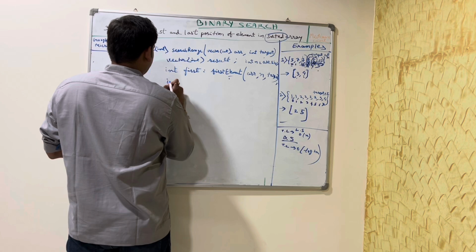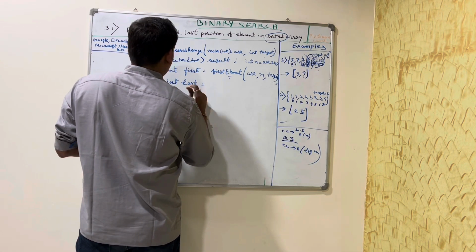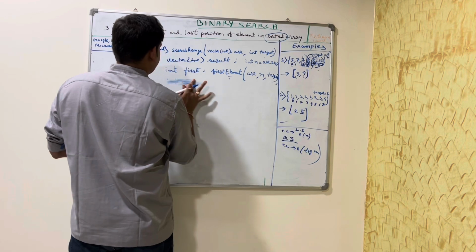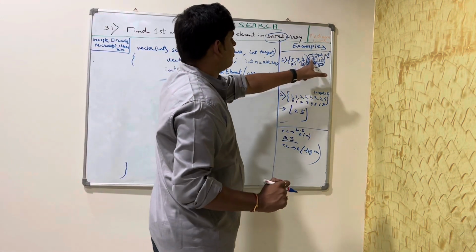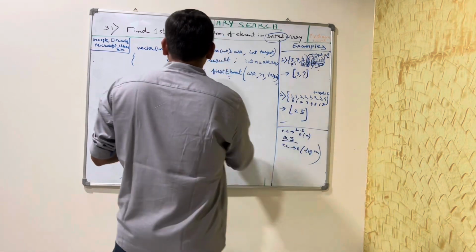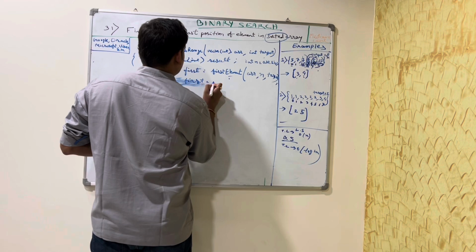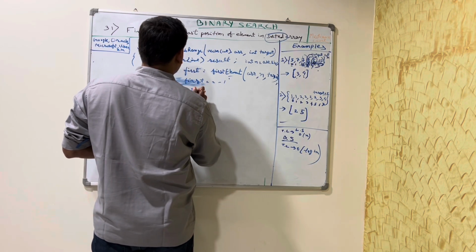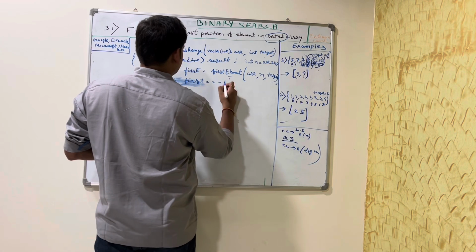So we have got our first occurrence. Say if we don't find any element, right? If there is no search result, then we will return -1. So if first equals -1, then we don't need to search anything, right?